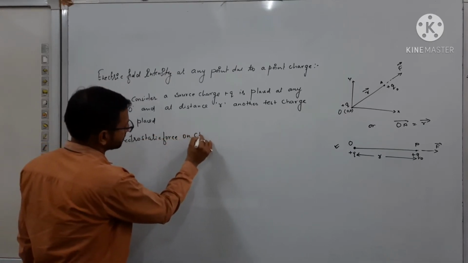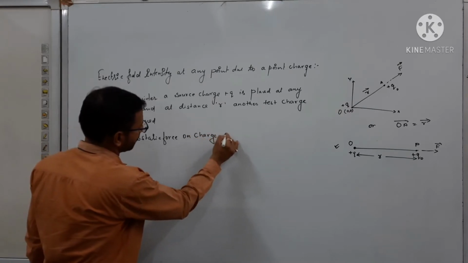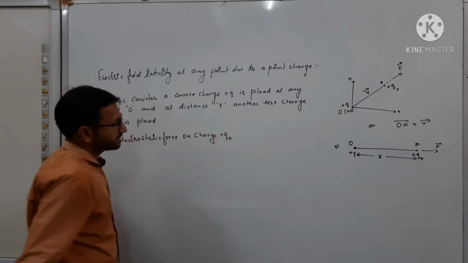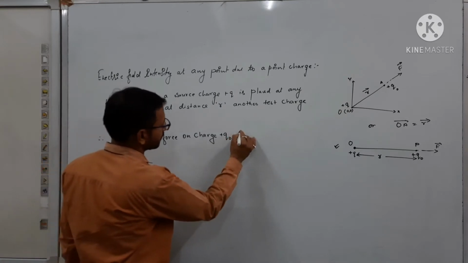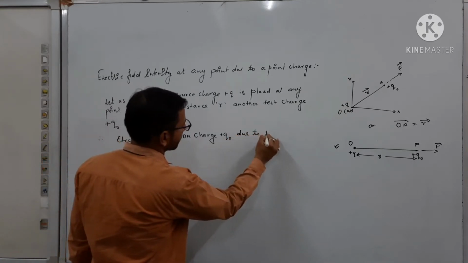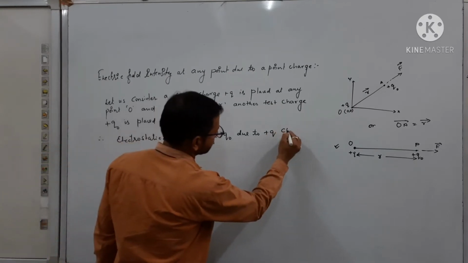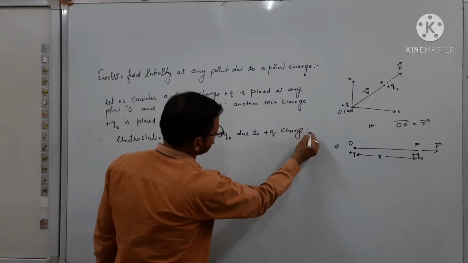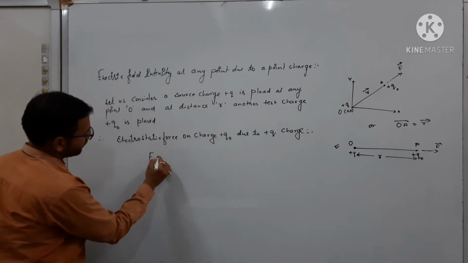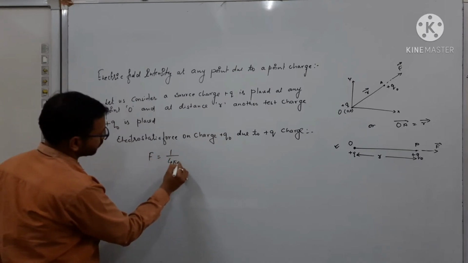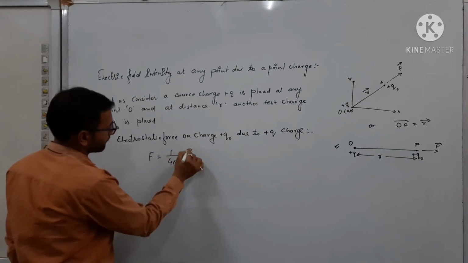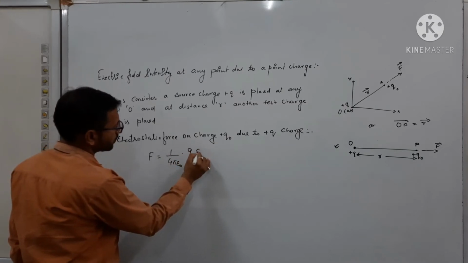on the test charge q naught due to plus q charge is given by F is equal to 1 over 4 pi epsilon naught q1 q2 by r square.